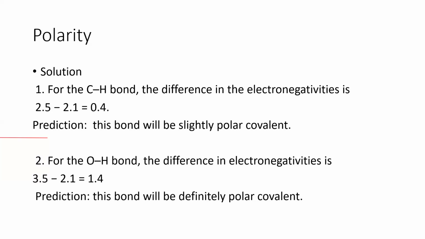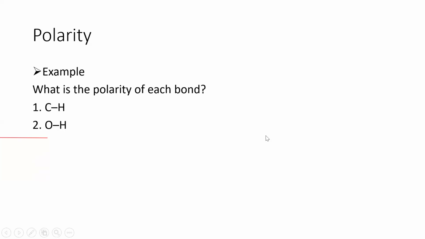So now, let me exit this mode because I don't see anything there. So this is it. For the carbon and hydrogen bond, the difference in the electronegativity is as follows. You look for the electronegativity of carbon and of hydrogen, then you subtract. When you subtract, you have 0.4, and it tells you that this bond will be slightly polar covalent.